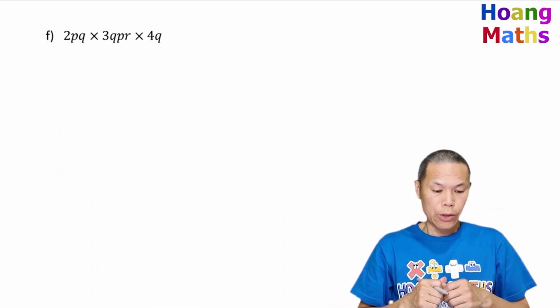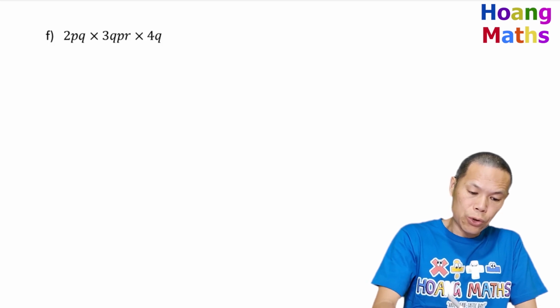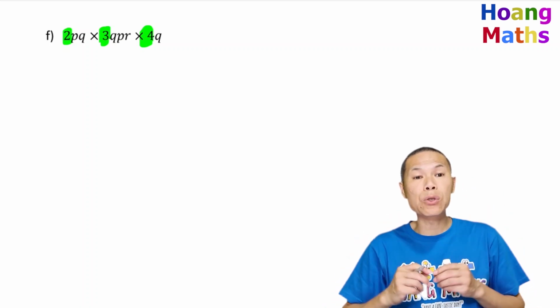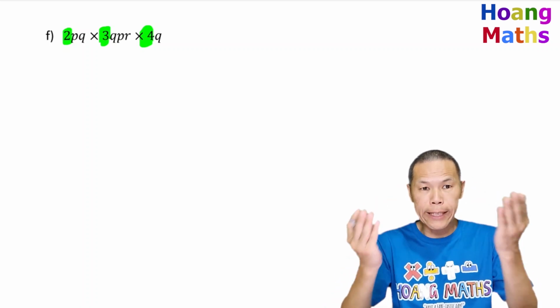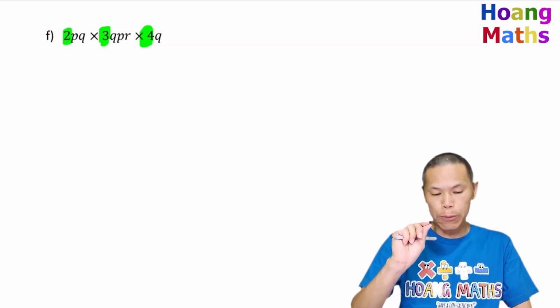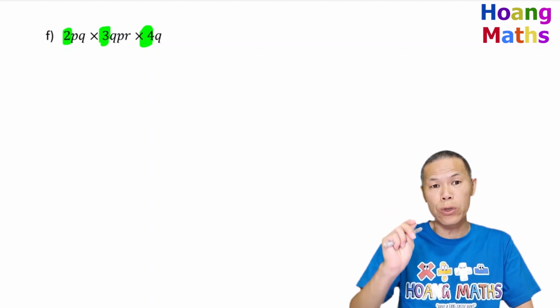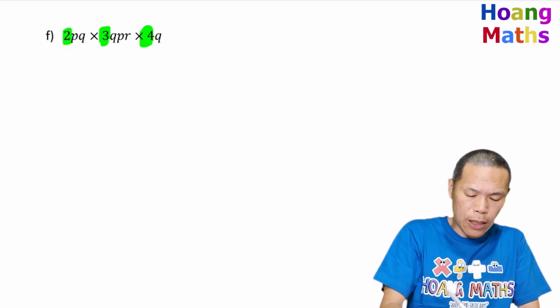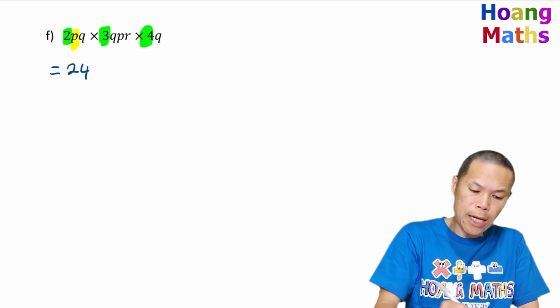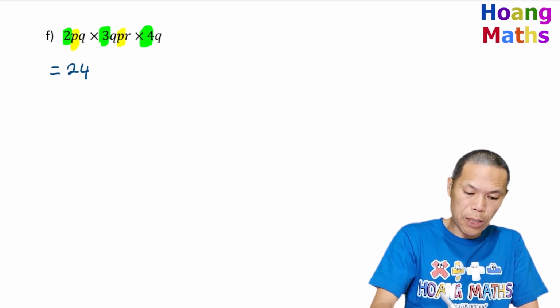Last one. So we have 2 and then we times 3 times 4. So 2 times 3 gives me 6 and 6 times 4 will give me 24. Otherwise, you can just put it in a calculator, 2 times 3 times 4. Okay, so that gives me 24. And then we have P and we times with this P here.